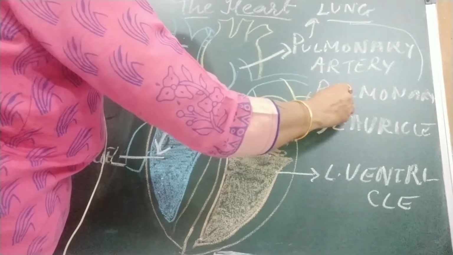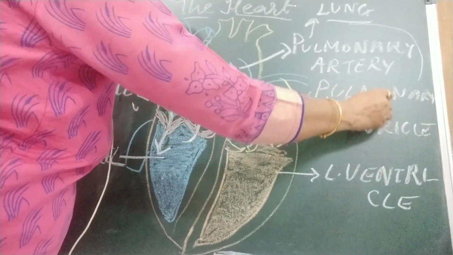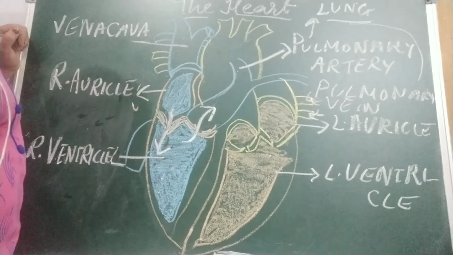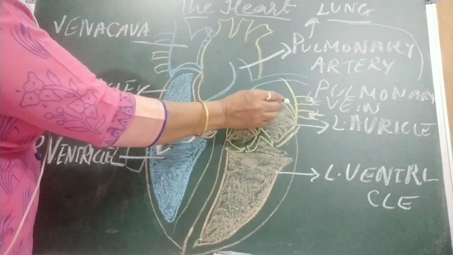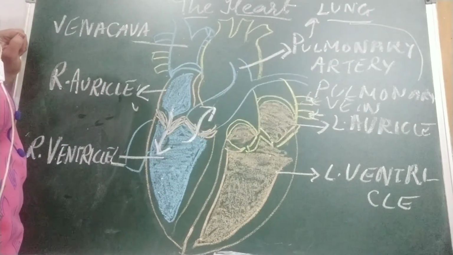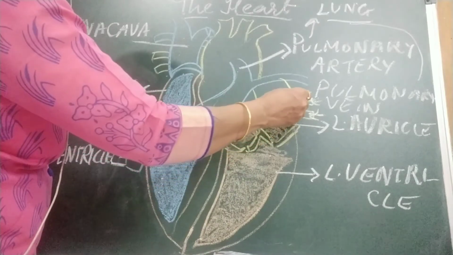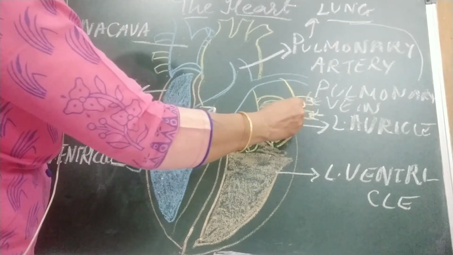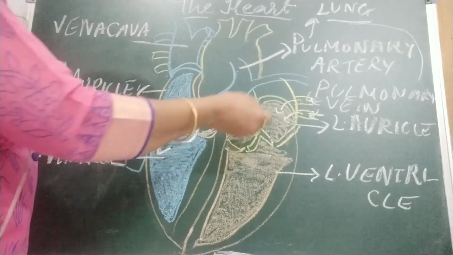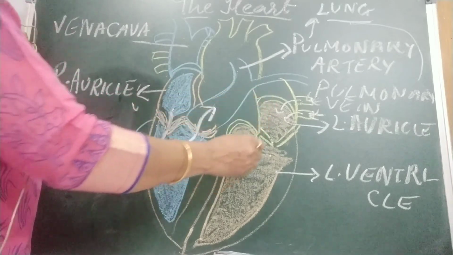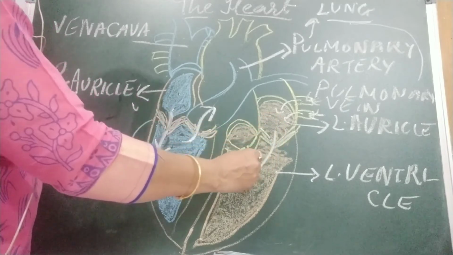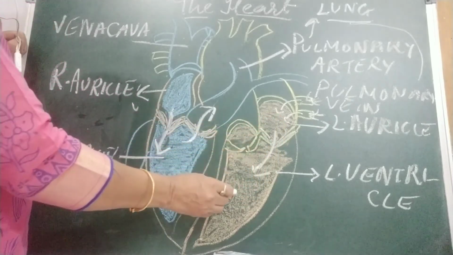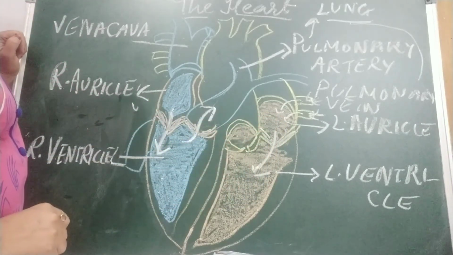Pulmonary vein. This is the only vein which carries oxygenated blood. It brings back oxygen-rich blood from the lung and pours it into the left auricle. When the left auricle squeezes, these valves open and this pure, oxygenated blood goes into the left ventricle.